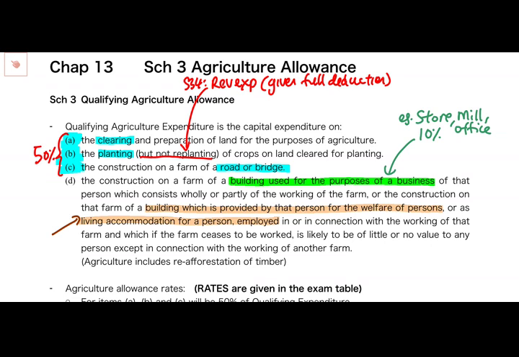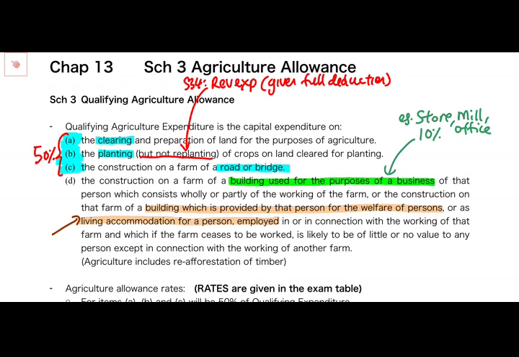Now, building that you're using as accommodation, like the quarters that you build inside for your plantation workers to stay. Or even a building that is meant for the welfare of the people. For example, a place for them to do worship. All right? Or for example, maybe you bring all the plantation workers inside. Imagine they have hundreds of people inside with families, with children.